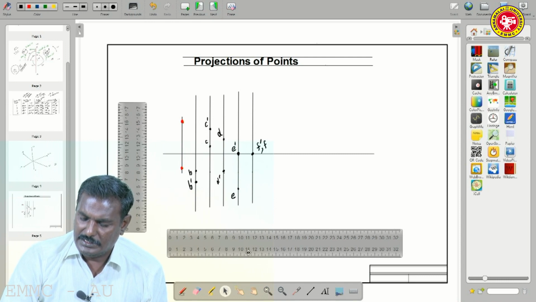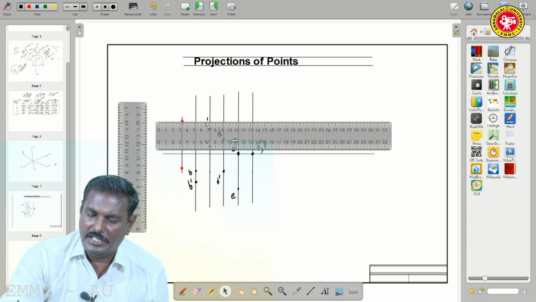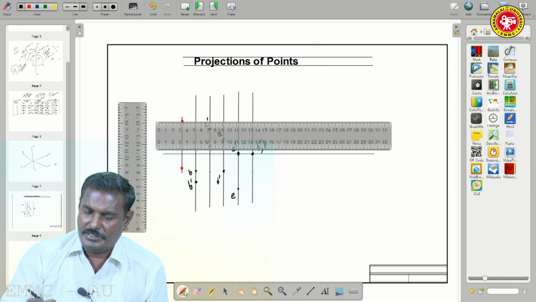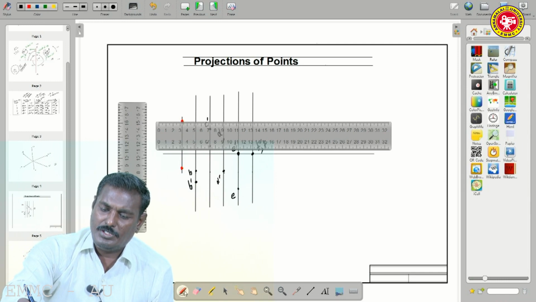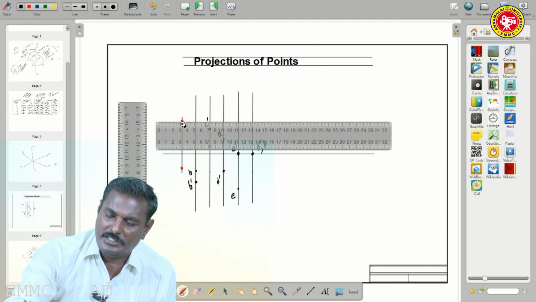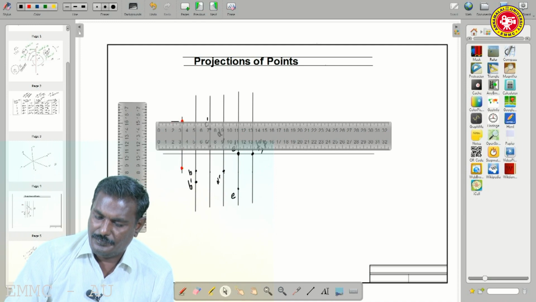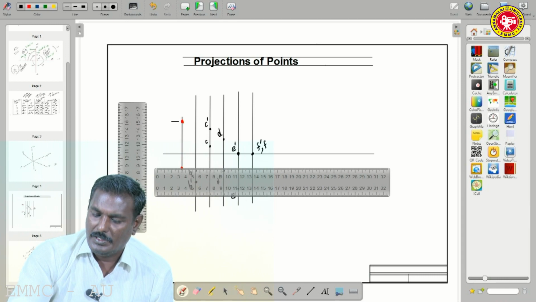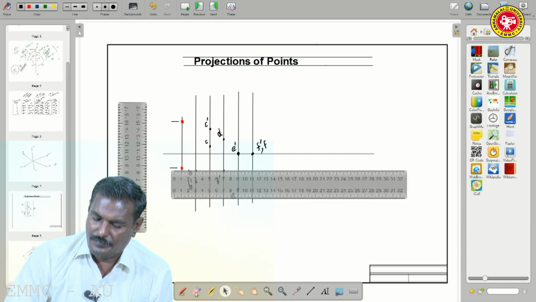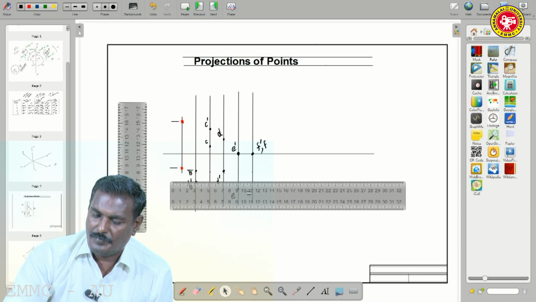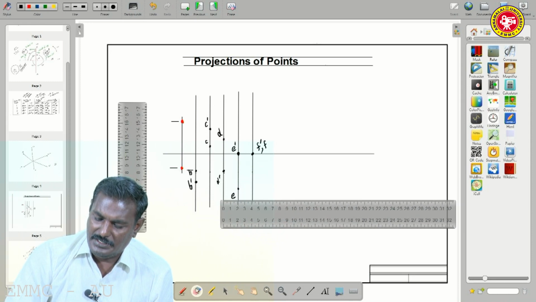By use of this scale, I need to draw an extension line. So I draw an extension line by giving some gaps. Here the lettering is disturbing me, no?